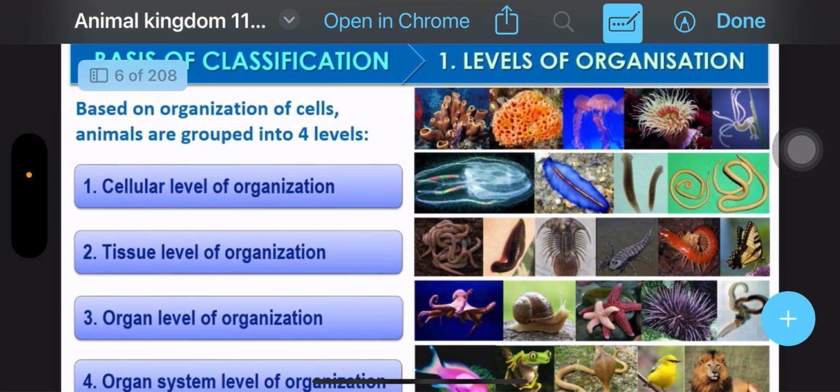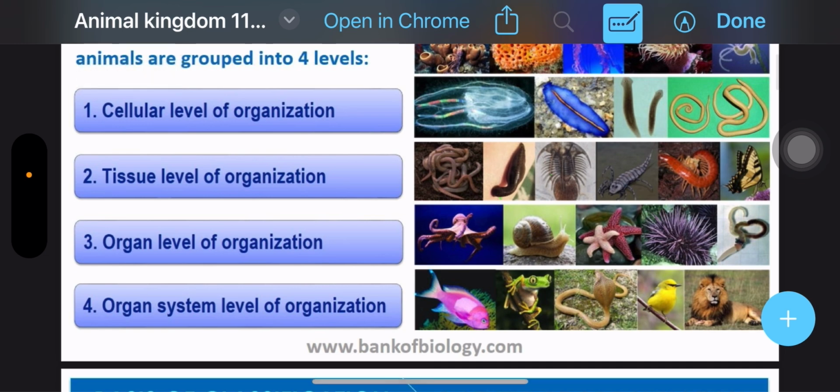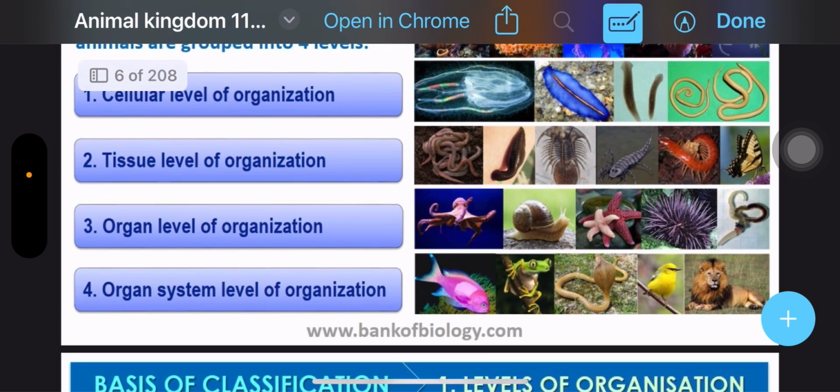Now we are taking the first classification, the levels of organization. Based on the organization of cells, animals are grouped into 4 levels. I told you previously: cell level, tissue level, organ grade, and organ system level of organization.